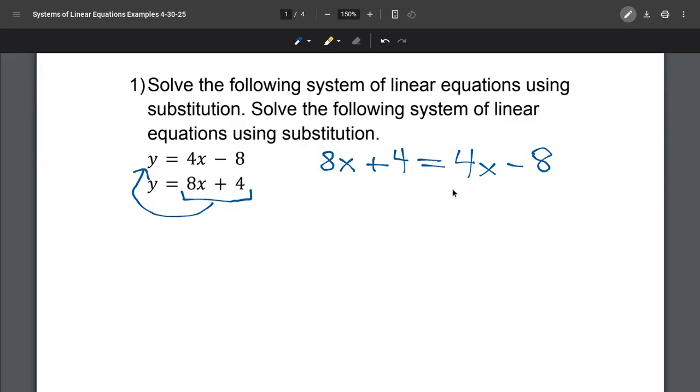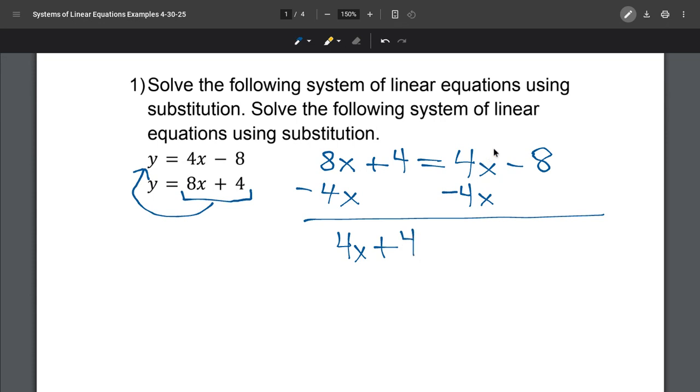So let's go do that. I'm going to subtract 4x from both sides. 8x minus 4x is 4x. We still have plus 4. These will cancel. We'll get that equal to negative 8.